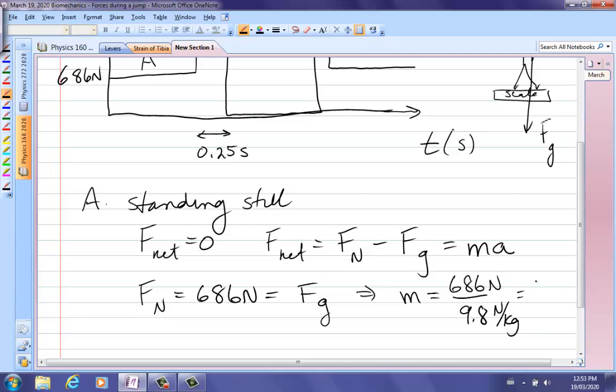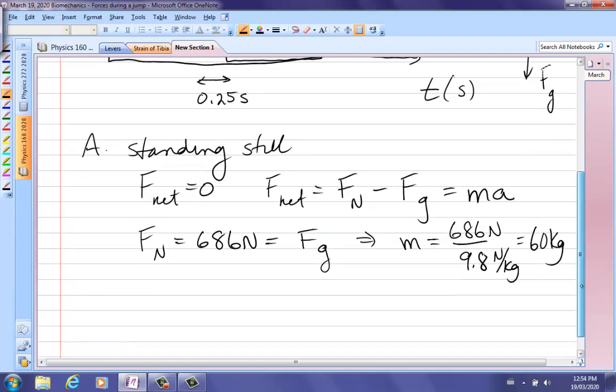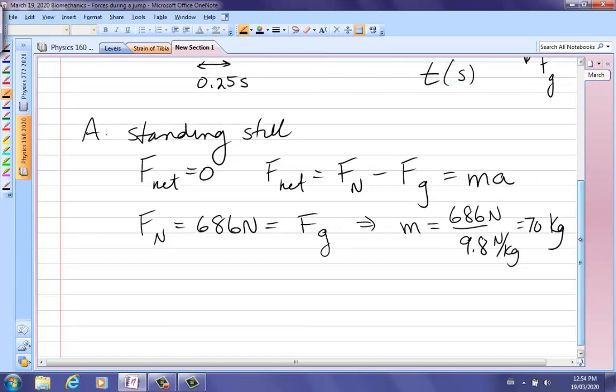So her mass must be, sorry, 70 kilograms. 686 over 9.8 is 70, not 60. So you don't need to be told the mass because you can find that out from the reading on the scale when she's standing still.